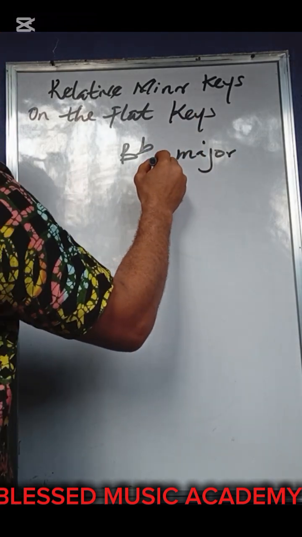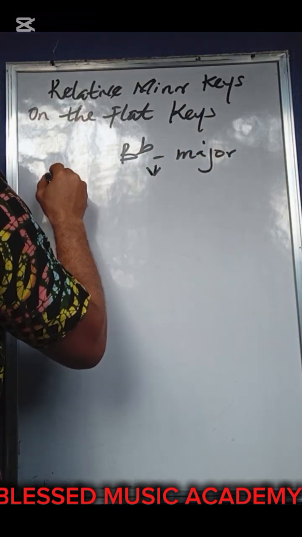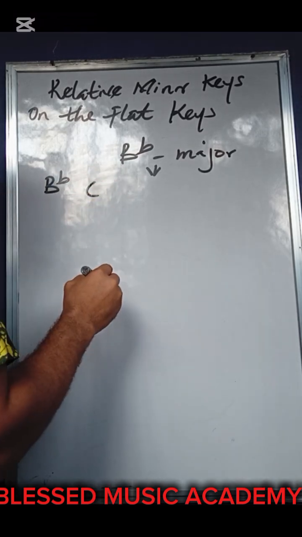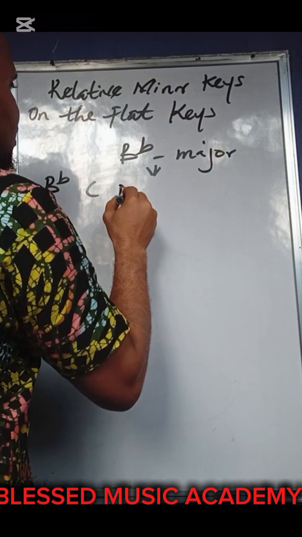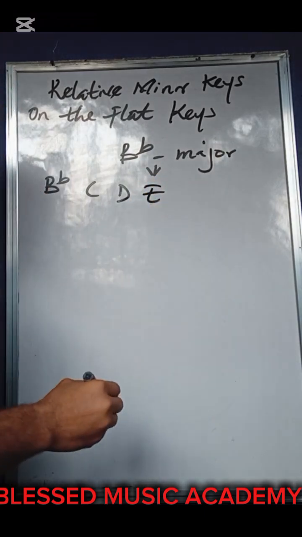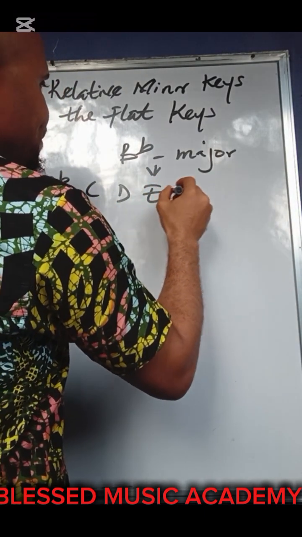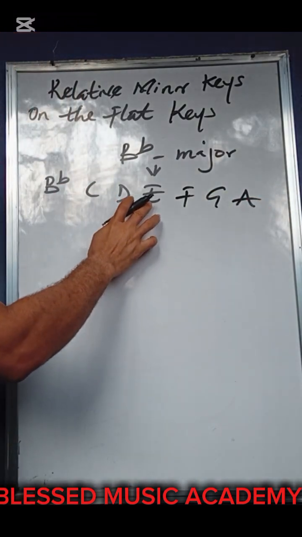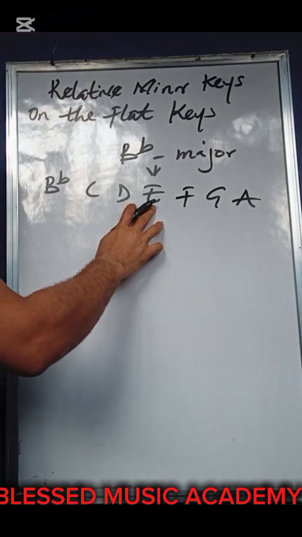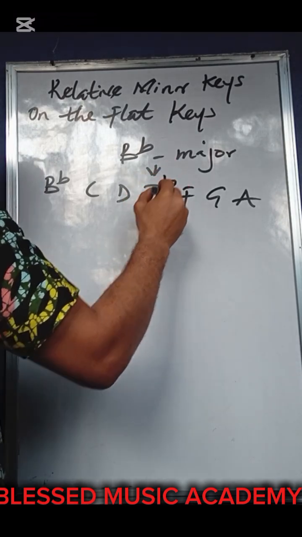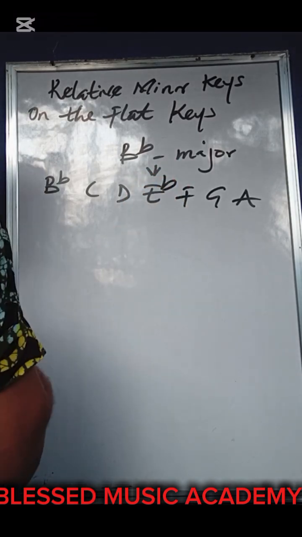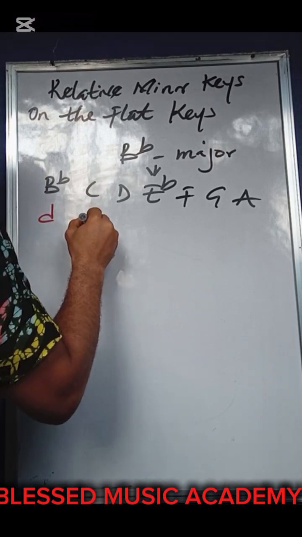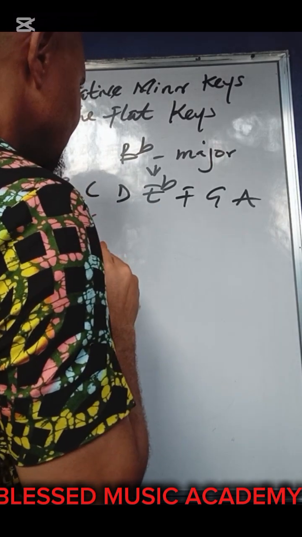So this is the same thing as B flat, C, D, E flat, F, G, and A, then B flat.